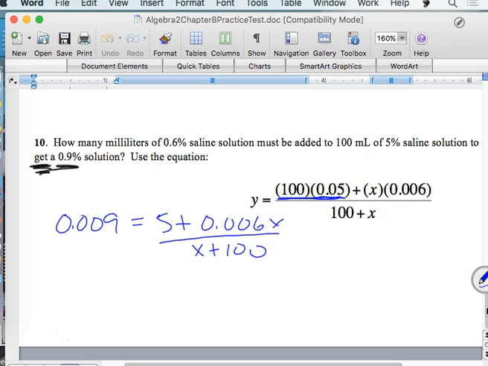And I do that. And then do what? Cross multiply. Exactly. So 0.009x plus 0.9 equals 5 plus 0.006x.